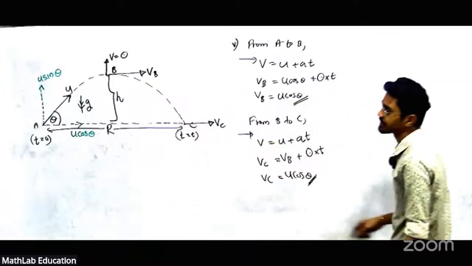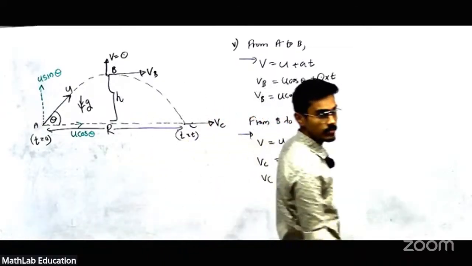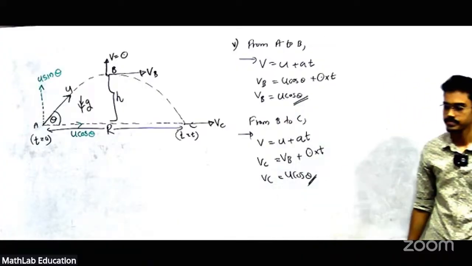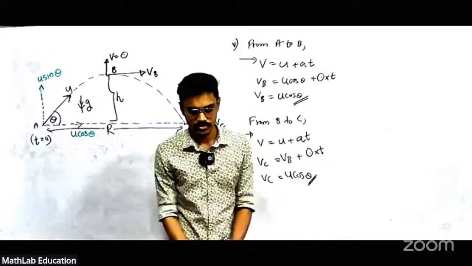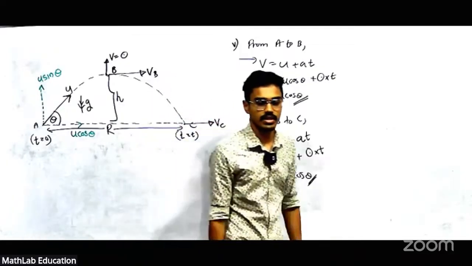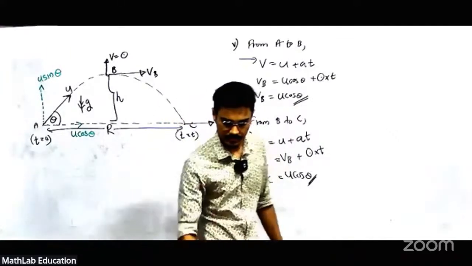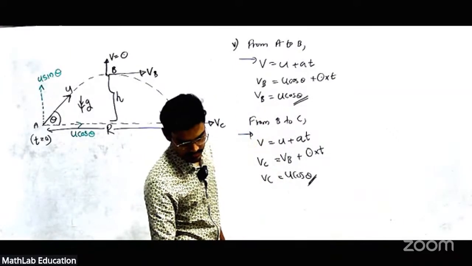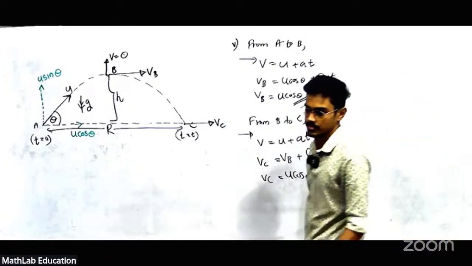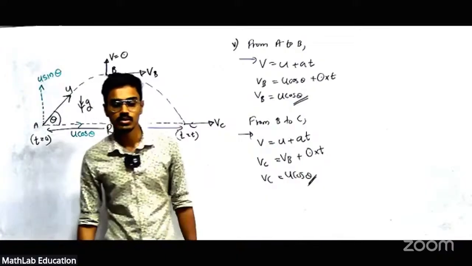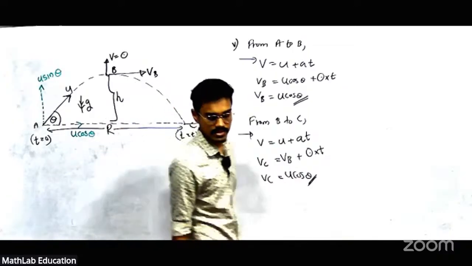Take it down quickly and write it in red: the horizontal velocity component of a projectile motion remains constant, since there is no horizontal acceleration throughout the motion.